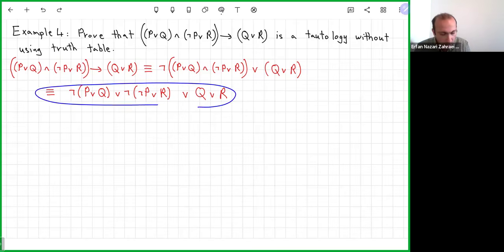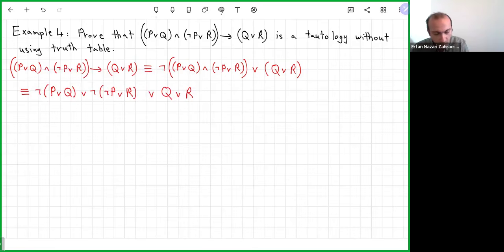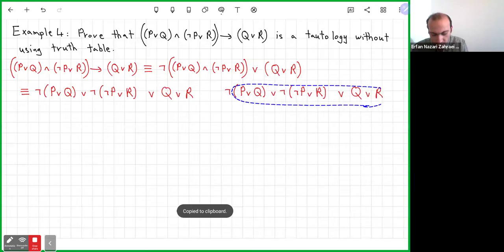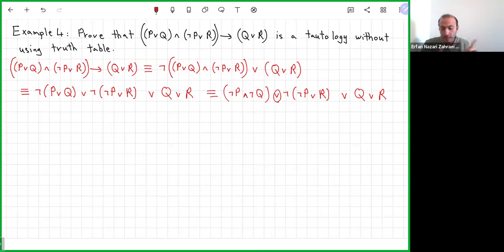So now let me use De Morgan one more time and distribute it one more time. Let me copy this, paste it, and distribute this. You get not P, and then I need to switch this to and not Q. Now I need parentheses because and and or are not commutative or associative, so don't mix them up.